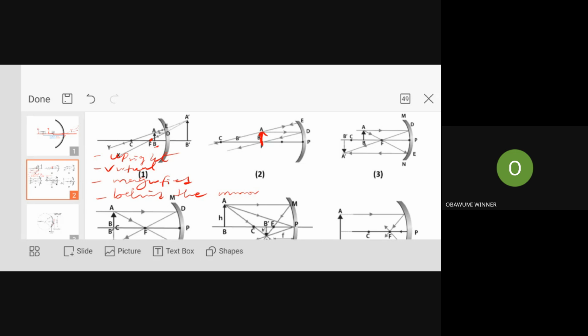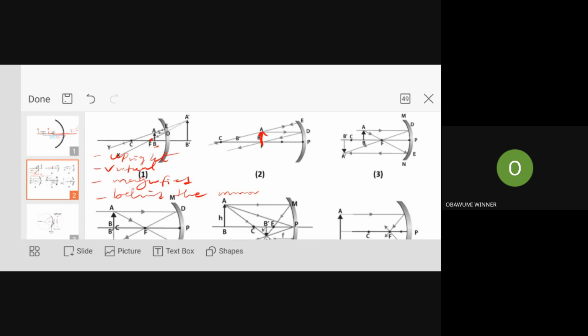And that is why you see these rays of light. I want you to take note of this diagram because many times you might be asked to sketch or illustrate with the aid of a diagram the nature of an image formed in a concave mirror. If the object is kept at the focal point, the image is going to be formed at infinity.